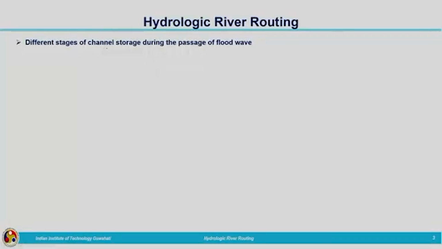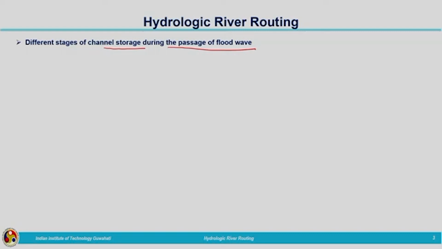We need to understand the different stages of channel storage during the passage of a flood wave. You have already studied in hydraulics the different types of flow prevailing in an open channel. In the case of river flow, during normal conditions we can consider uniform flow.